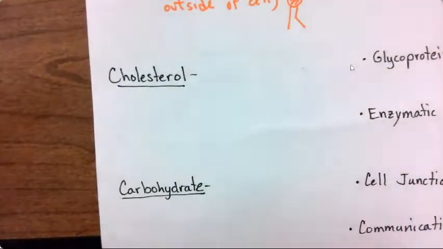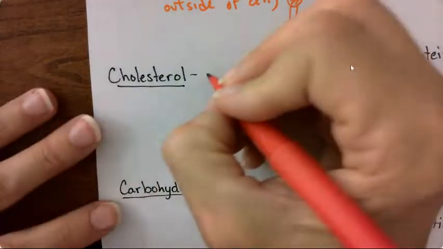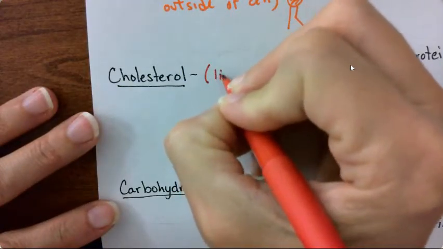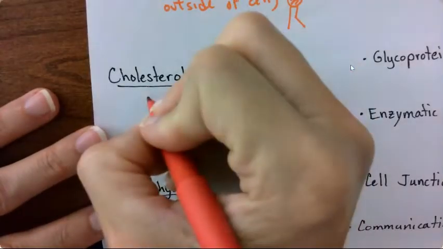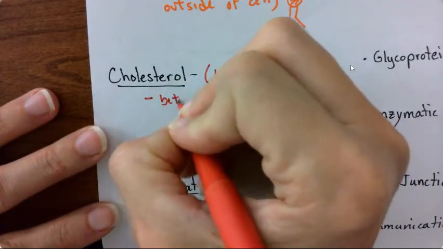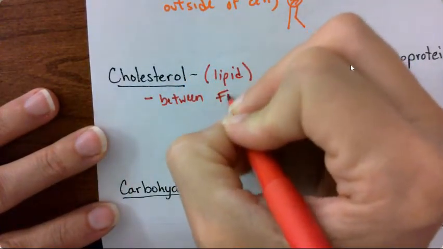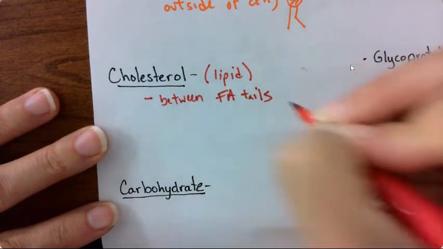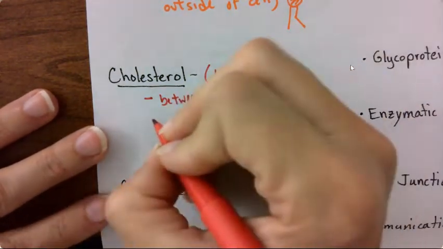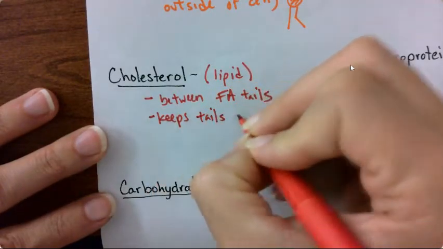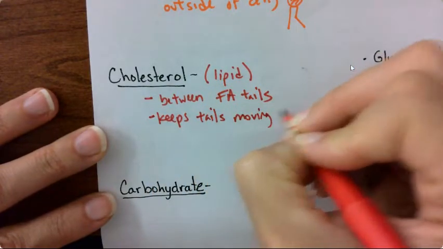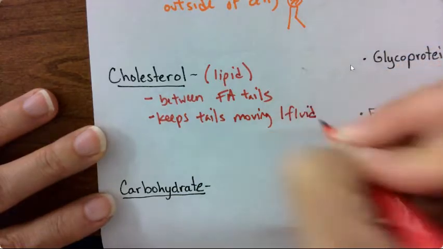Cholesterol, again, fits in the lipid category because it is hydrophobic, but it's not made up of fatty acids. Okay, so the cholesterol are found between the fatty acid tails of the phospholipids, and it keeps the tails moving and fluid.